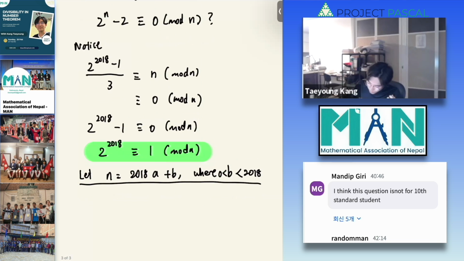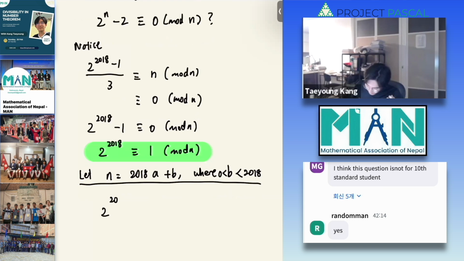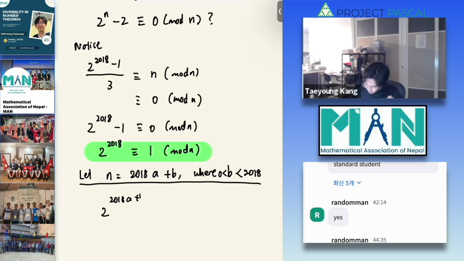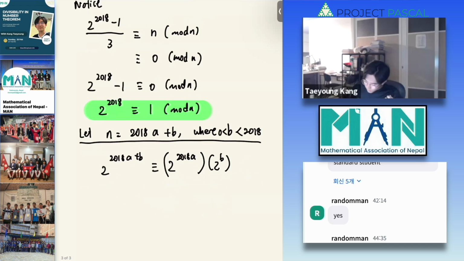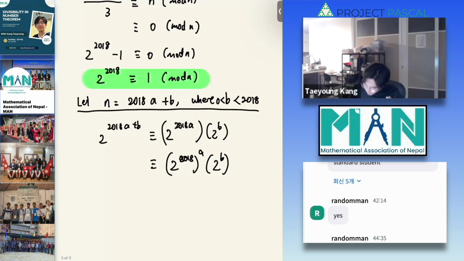So if this is true, then we have 2 to the power of 2018a plus b is congruent to 2 to the power of 2018a multiplied by 2 to the power of b, which is congruent to 2018 to the power of a multiplied by 2 to the power of b, which is congruent to 2 to the power of b mod n.